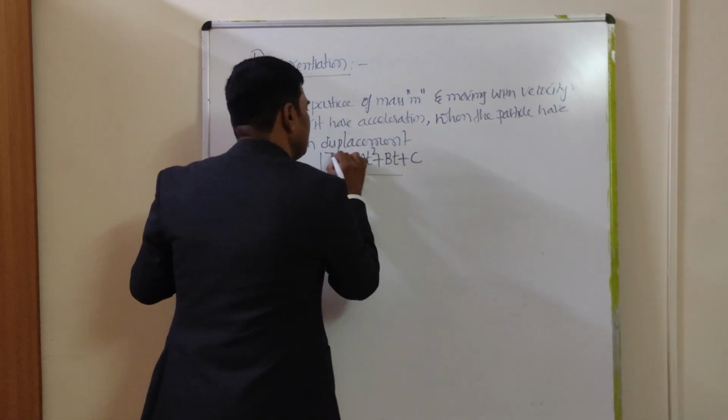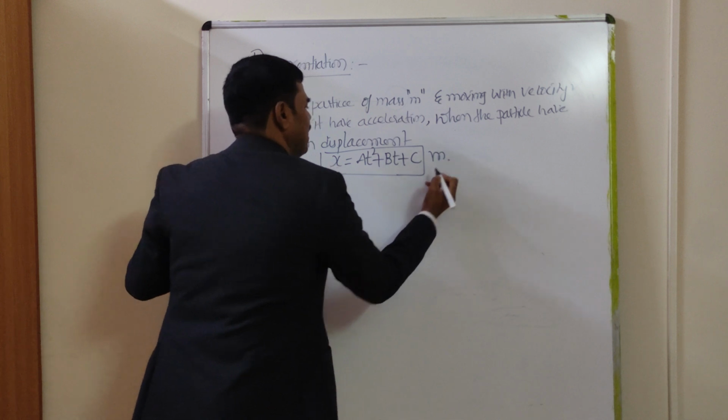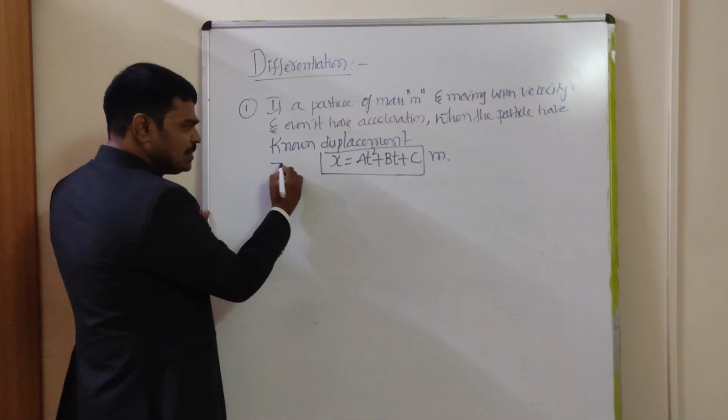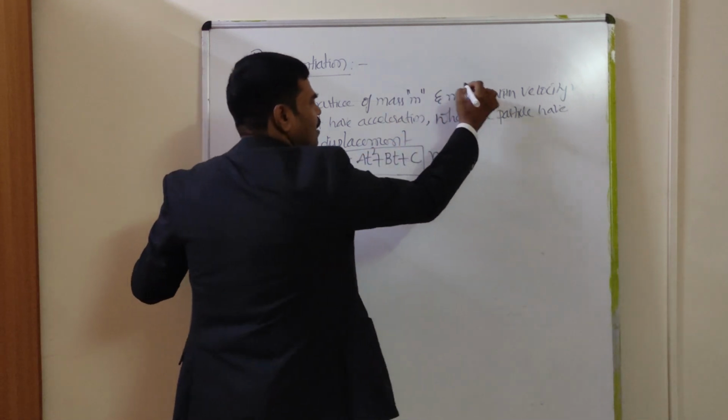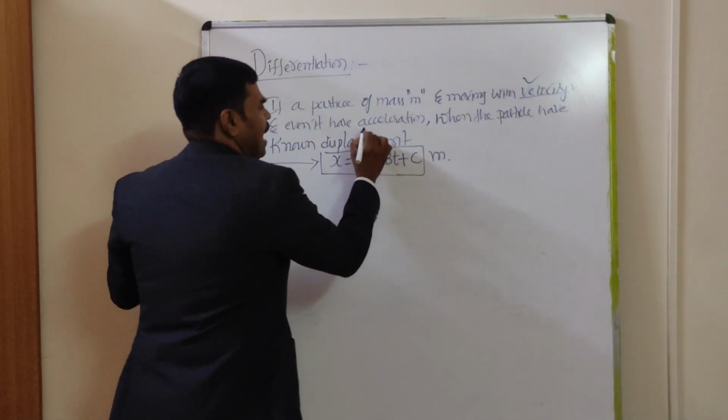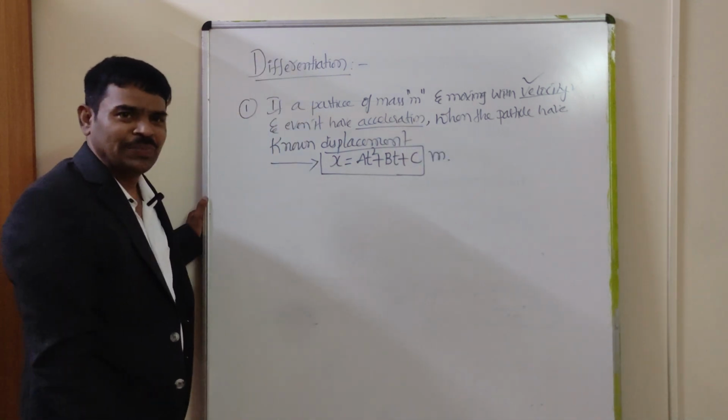This is in terms of meters, which I have taken as an example. Now, after knowing this displacement, I have to calculate this velocity v as well as acceleration a.